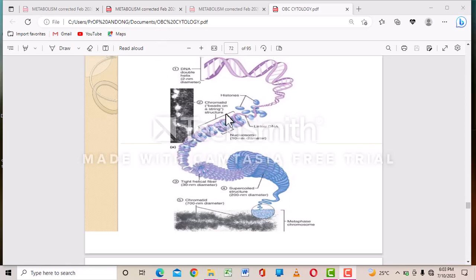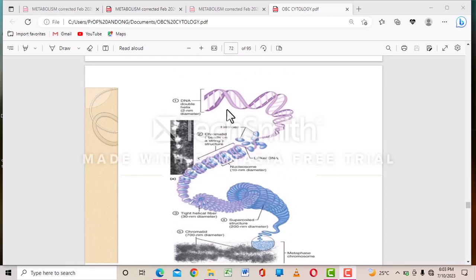If you clearly see from here, the part of your genetic material that is open for transcription and not condensed is what we call the euchromatin. This part, which is condensed and not available for transcription, is what we call the heterochromatin.